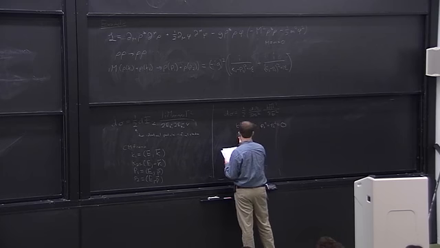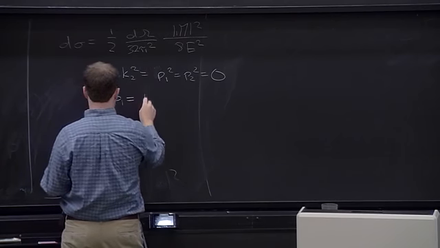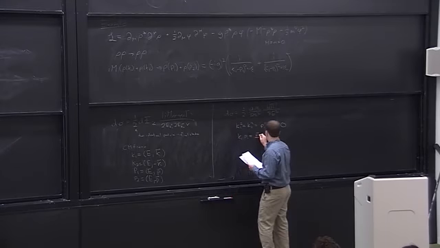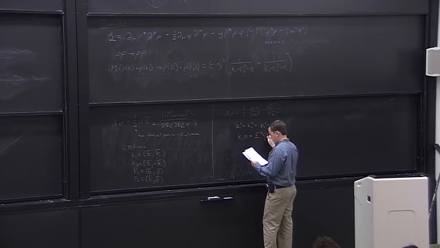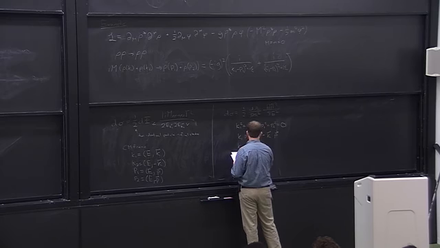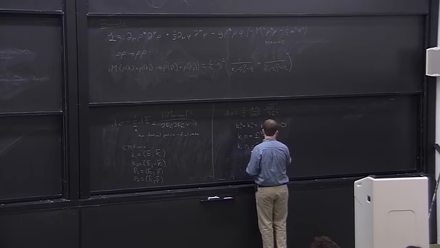Then we also need the product of k1 with p1, and using the explicit forms here, that's E² minus k·p, and similarly k1·p2 is E² plus k·p.